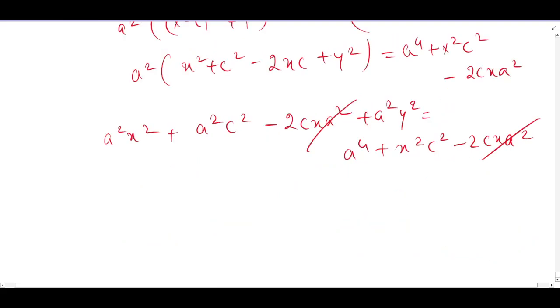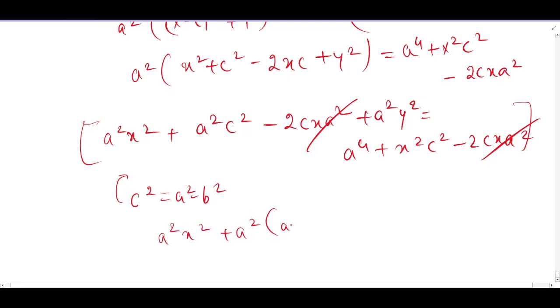So from the relation c square is equal to a square minus b square, put this relation in this equation. So we get a square x square plus a square times a square minus b square, plus a square y square, is equal to a4 plus x square times a square minus b square.